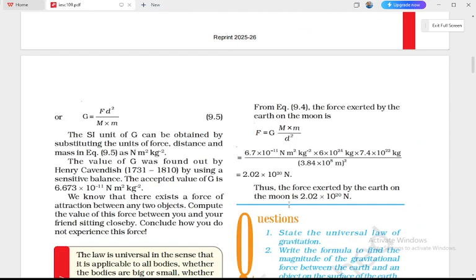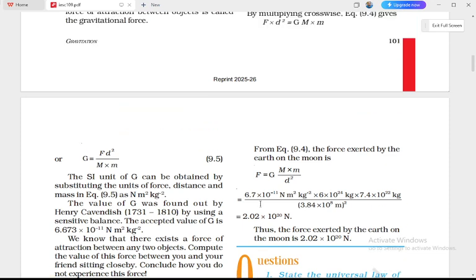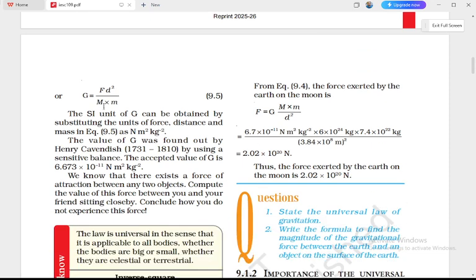Now we can write capital G equal to F d square by capital M into small m.